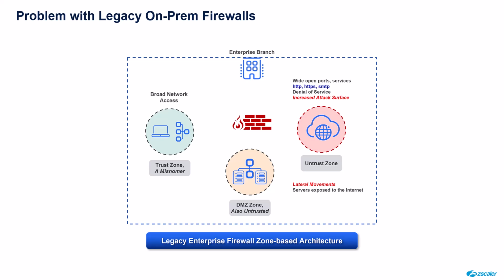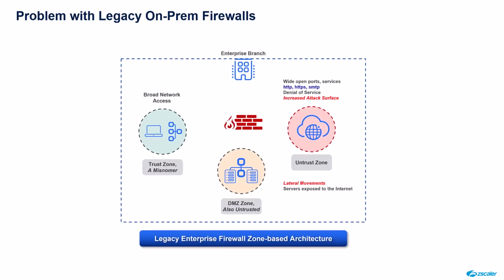Oftentimes, when customers create access control policies between two zones, they just look at port and protocol or some higher level L7 based applications and allow access. And it is always a challenge from a security standpoint to provide best in class security without inspecting the context or content. So that is where a true zero trust exchange platform built by Zscaler enables customers to bring zero trust to every endpoint, whether it is a user, a Linux machine, an application, or an IoT device.